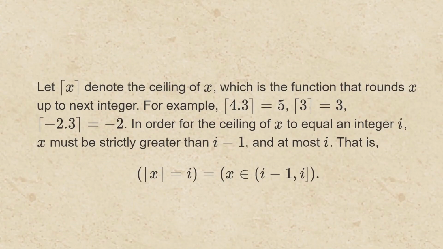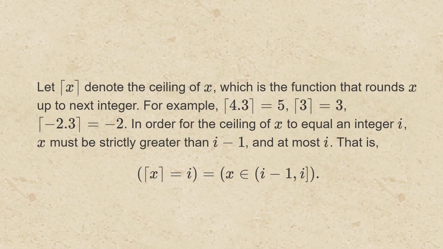We're going to use the symbols that look kind of like square brackets with one side cut off to denote the ceiling of x, which means it's the function that rounds x up to the next highest integer. For example, the ceiling of 4.3 is 5 because we're rounding up to 5. The ceiling of 3 is just 3 because 3 is already an integer. The ceiling of negative 2.3 is negative 2, since we're rounding up.